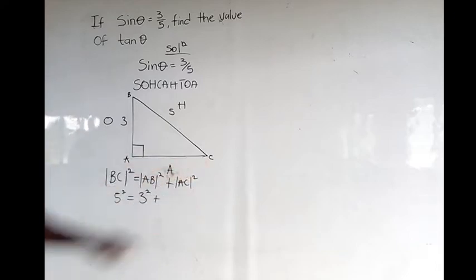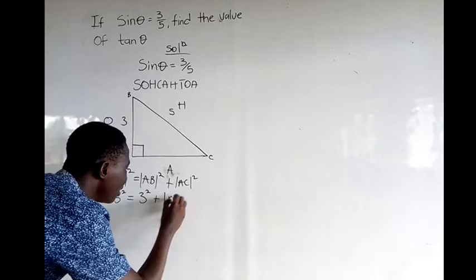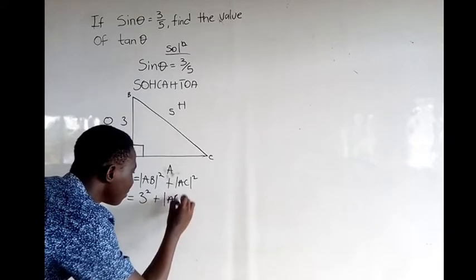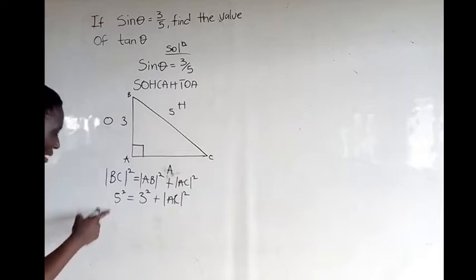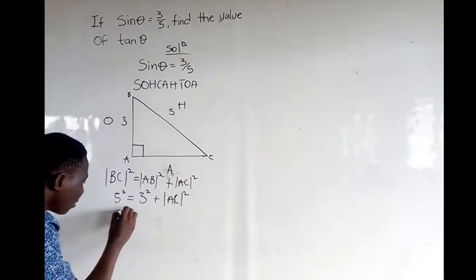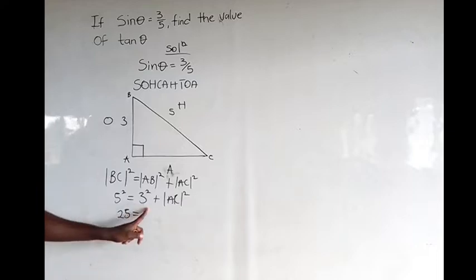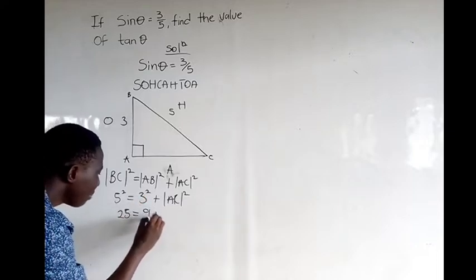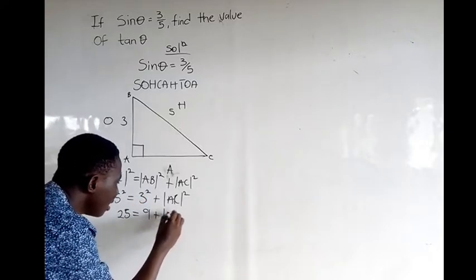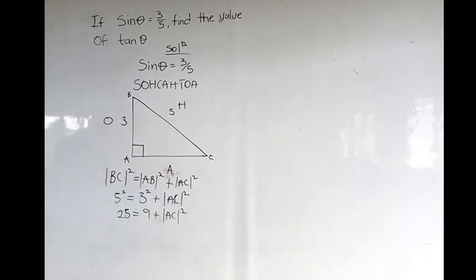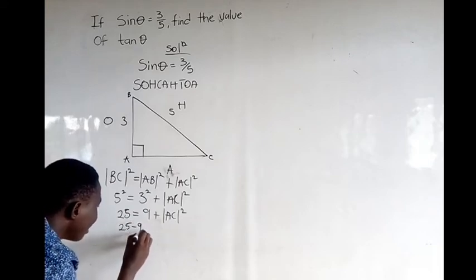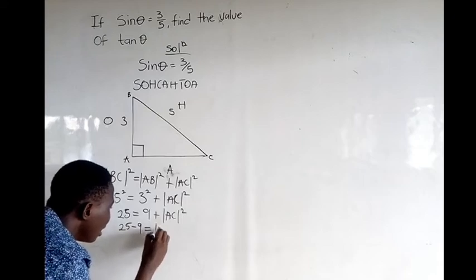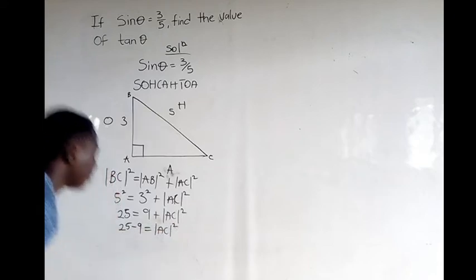So we maintain this. We're going to get AB squared, AC squared, and then 5 exponent 2, we're going to get 25 is equal to 3 exponent 2, 9 plus AC squared. And then we make AC squared the subject. So we get 25 minus 9, which is equal to AC squared.